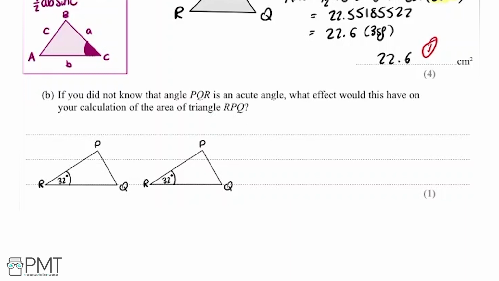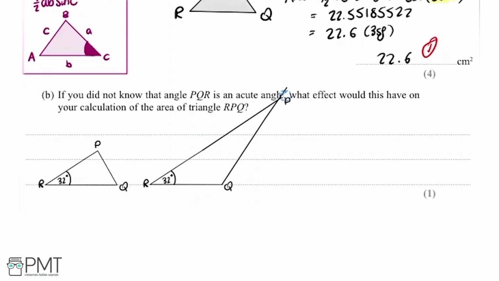And I'm going to model what that could look like on this triangle here. So this angle is going to stay the exact same. The only thing that's going to change is this from acute to obtuse. So I'm going to change this angle. So if I made it obtuse, so bigger than 90 degrees, it'll be something like that.